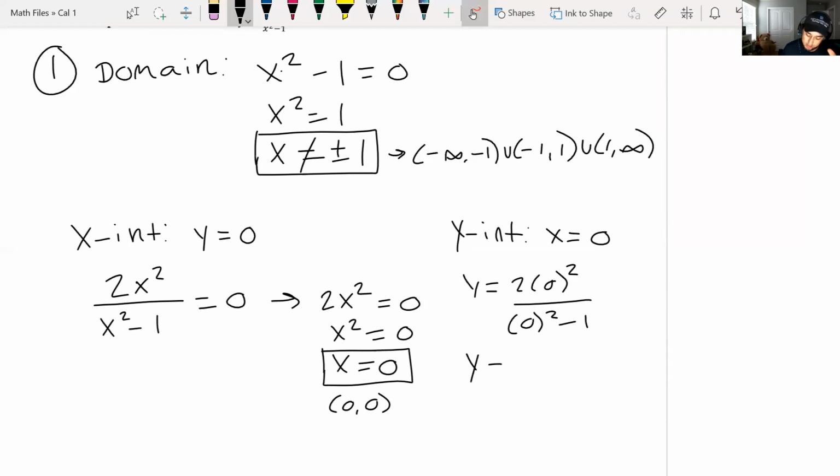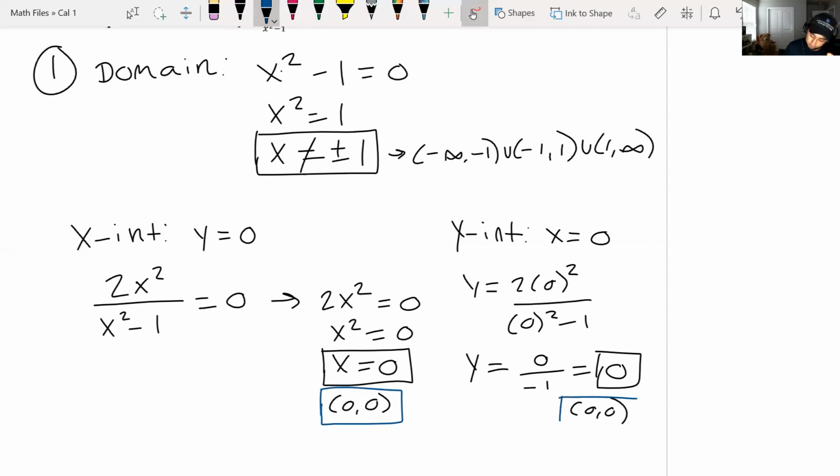Here I get y equals 0 over negative 1, which is 0. So my y-intercept is also (0, 0). Let me put those in another color so I know what we have. X-intercept, y-intercept. Okay, there you go. That part's done.